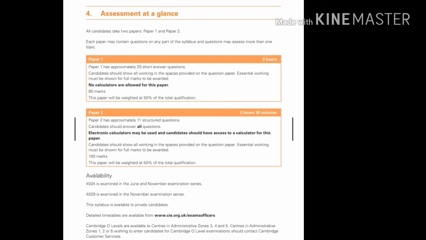The candidates can use electronic calculators, scientific calculators. This paper includes 100 marks. The time duration for paper 1 is 2 hours, and for paper 2, it is 2.5 hours.